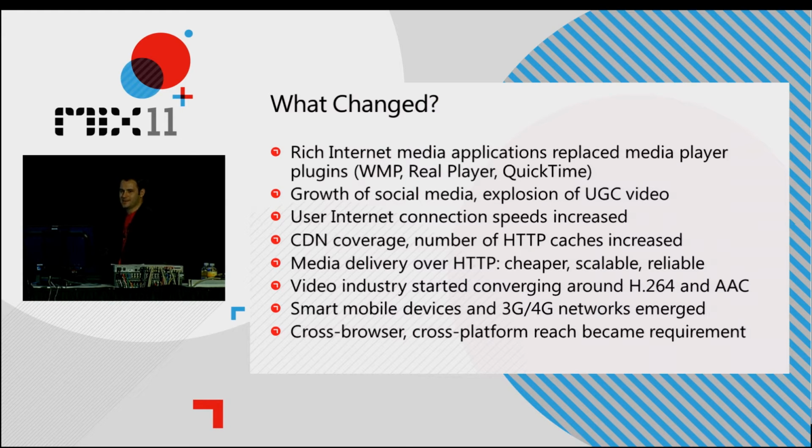As well, the CDN coverage increased. So we had more content delivery networks with greater coverage around the world. They deployed more edge servers and more HTTP caches around the world, so they were actually able to deliver any kind of data in a much more scalable way with far greater reach.